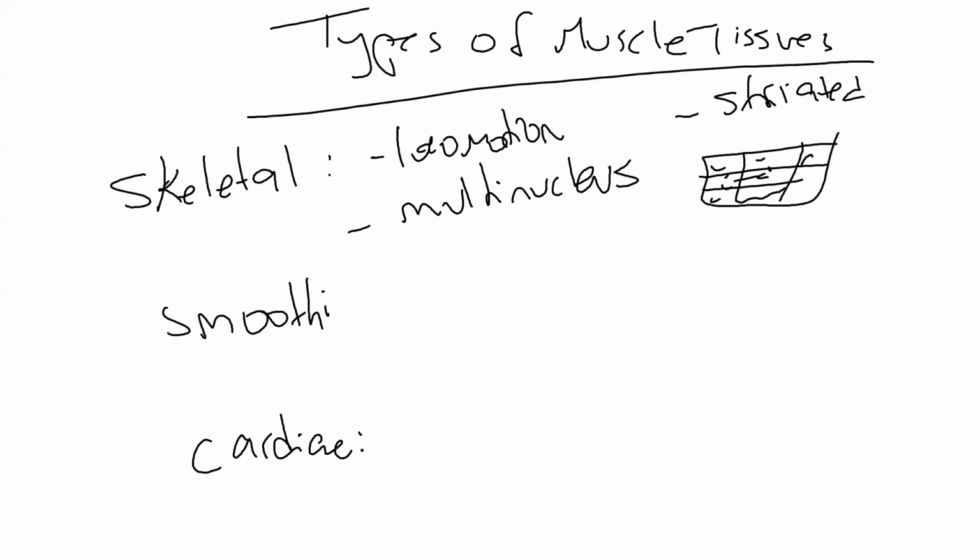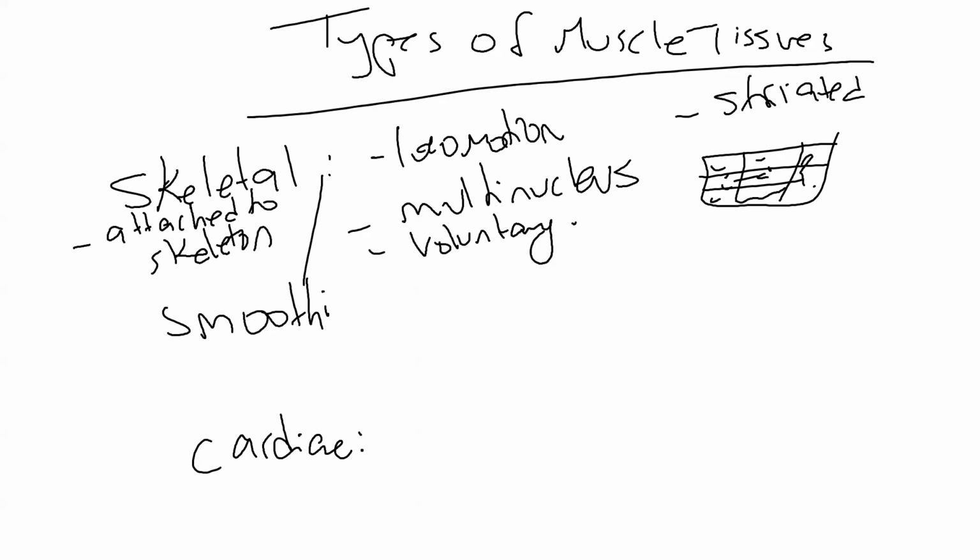It's attached to the skeleton or skeletal bones, and it is voluntary. You choose if you want to move your hand or your feet. Its location is on the skeleton. Okay.